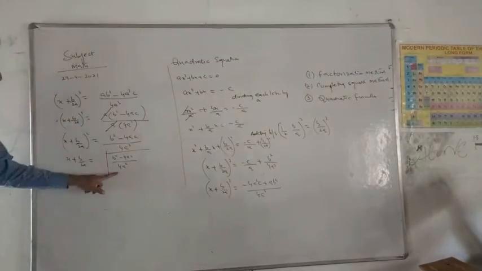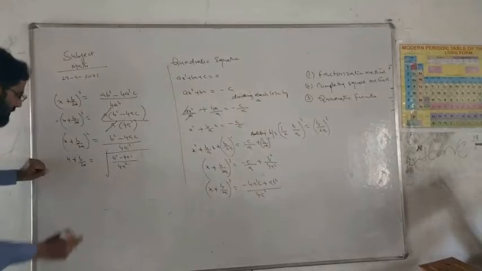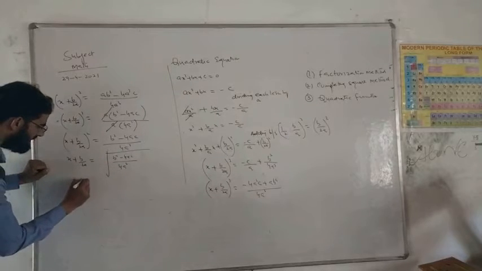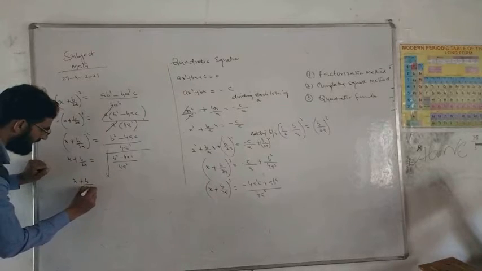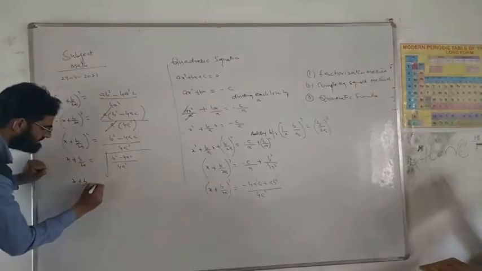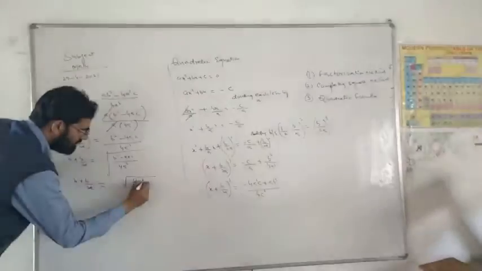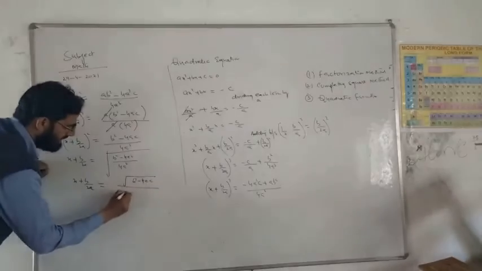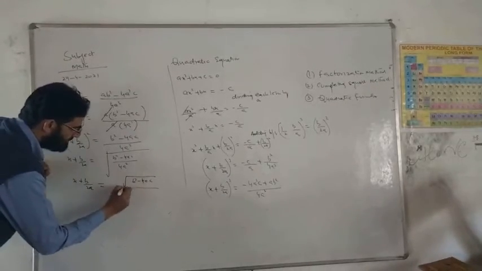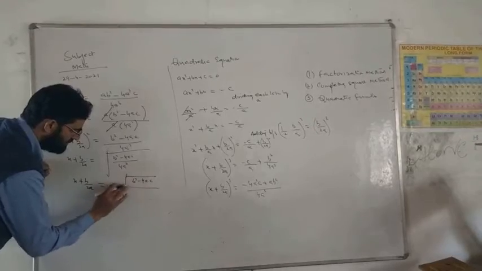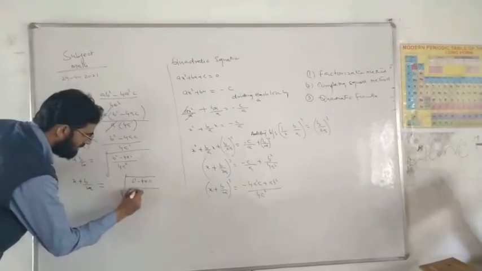Now see the denominator, it is a perfect square. So x plus b by 2a is equal to under root of b square minus 4ac divided by under root of 2a whole square.